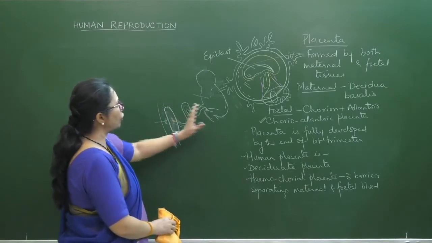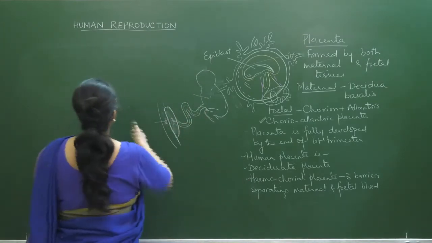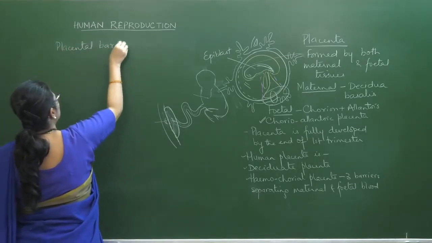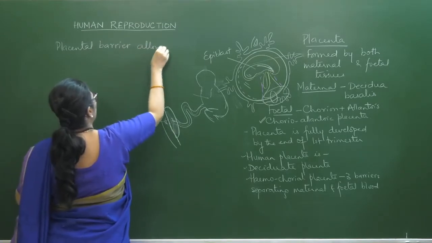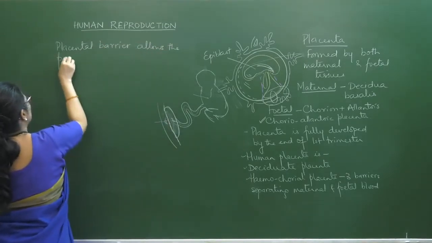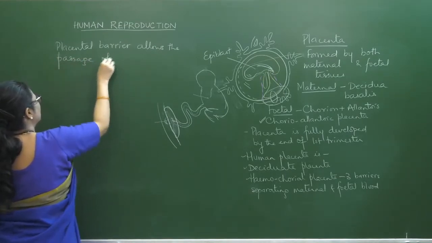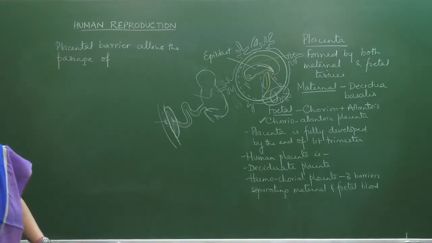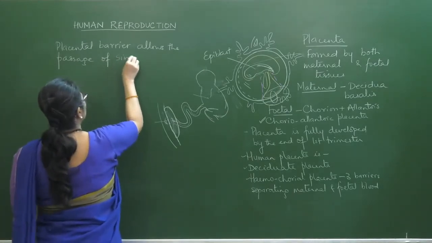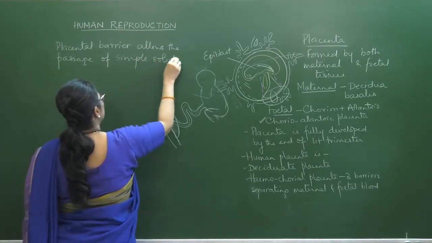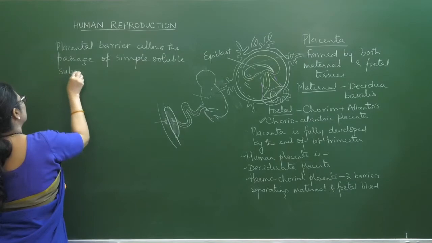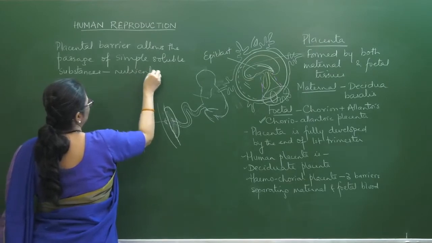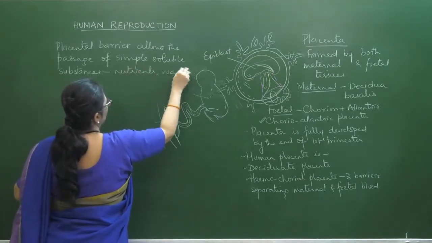Then what all can cross through this barrier? Okay, so the placental barrier allows the passage of simple soluble substances, that is nutrients, waste, these all can cross.